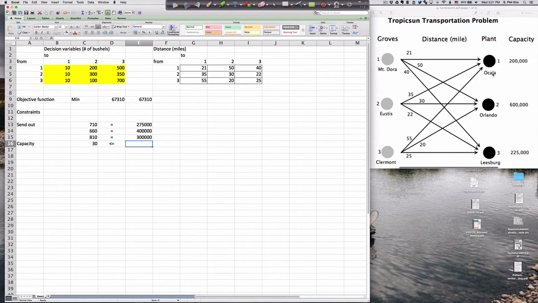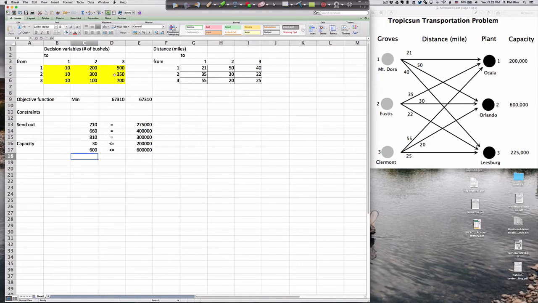So capacity is 200,000. And how much plant 2 will receive is this one plus this one plus this one. Also, this should be less than or equal to its capacity, 600,000.